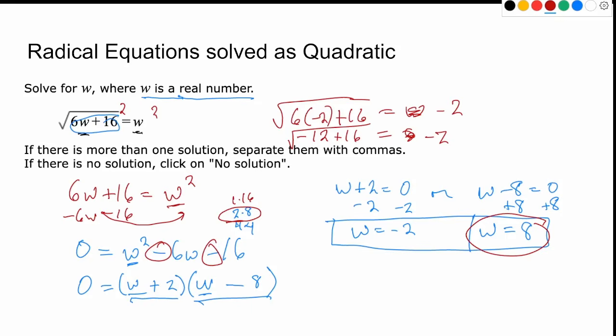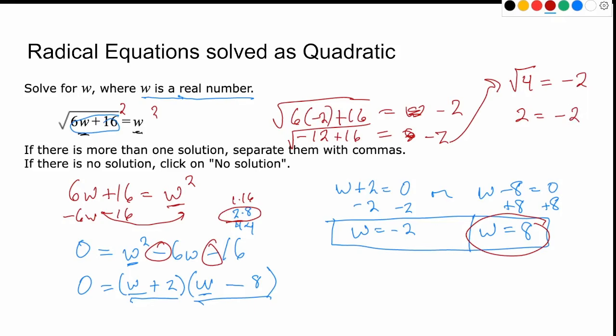Negative 12 plus 16 is going to give us 4. This is scratch work sort of check. So I get the square root of 4 equal to negative 2. Well, that's not going to be true, right? I get 2 equals negative 2.